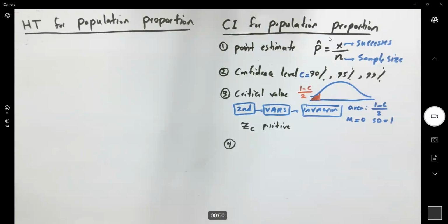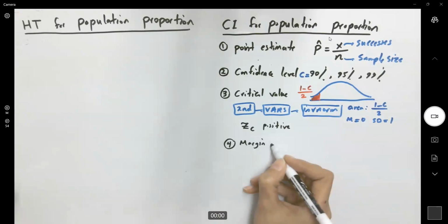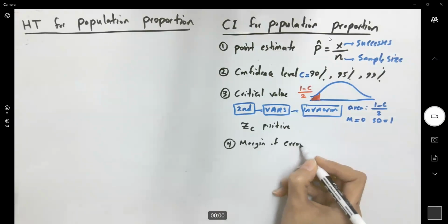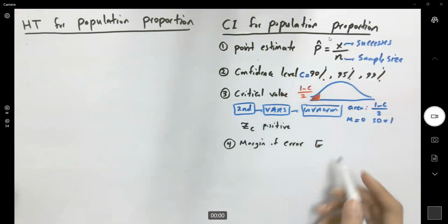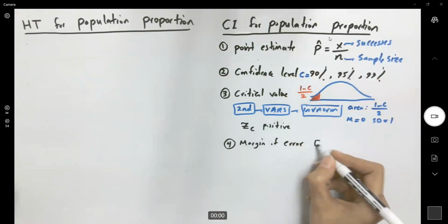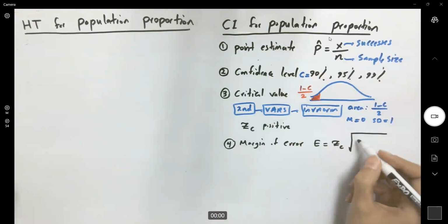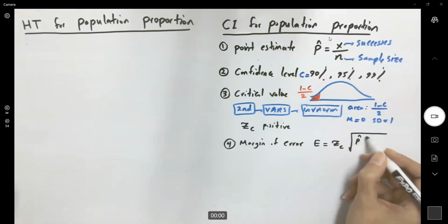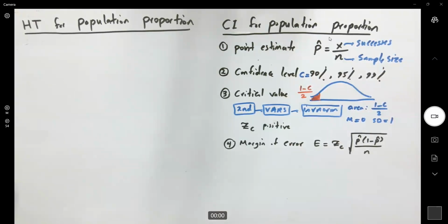Well, you need to find something that we call the margin of error. To find the margin of error for population proportion, E is equal to Zc times the square root of p hat times (1 minus p hat) divided by n.